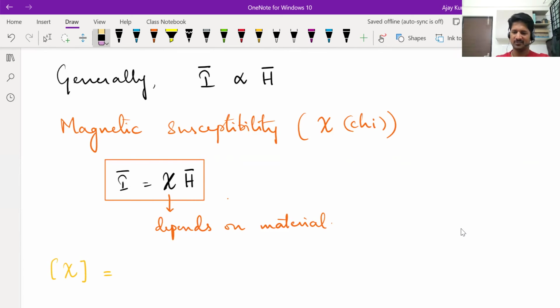Why is it taking so long? Is it dimensionless? Yes, it is dimensionless because I and H have the same dimensions. Then whatever is there in between them should be dimensionless. Otherwise, the equation will become invalid. So no units, no dimensions. It will just be a number.